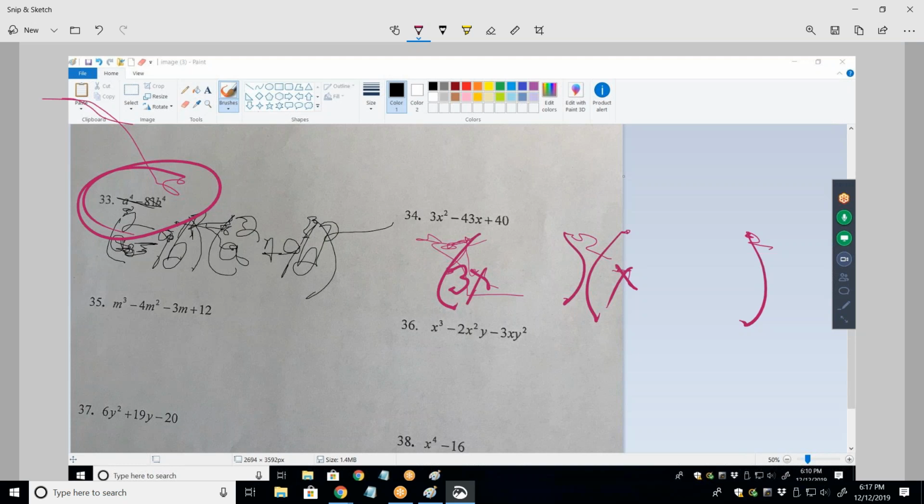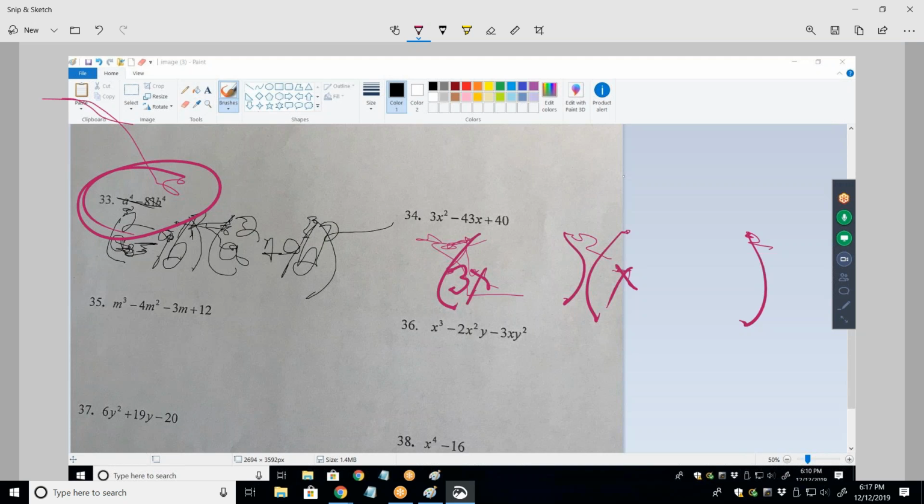Second step, both signs. They are both going to be different? No, remember, if they're different, you cannot produce a plus number. So they're both the same, my bad.